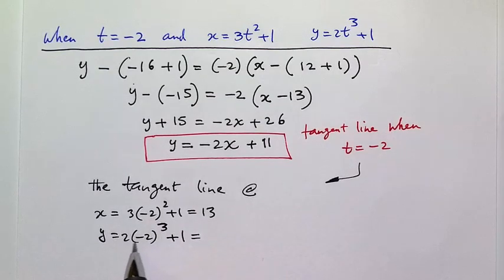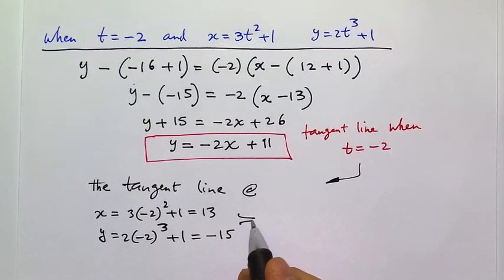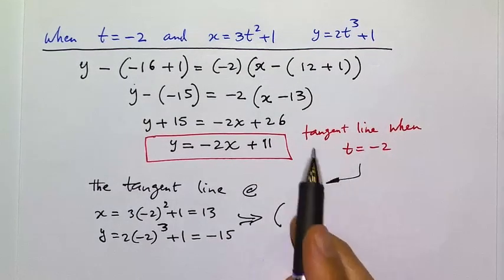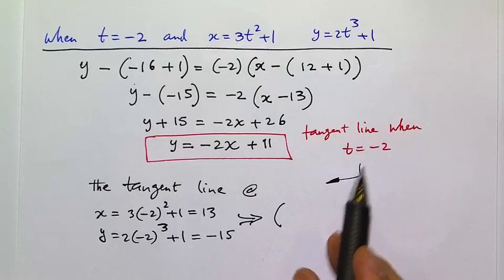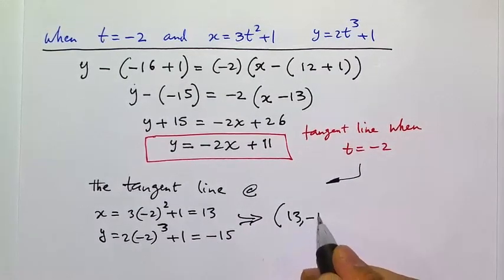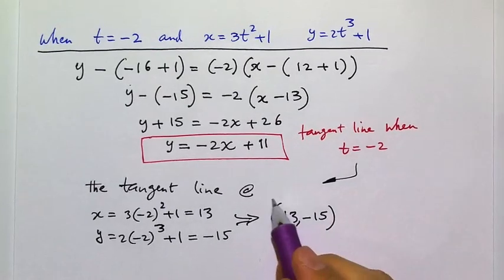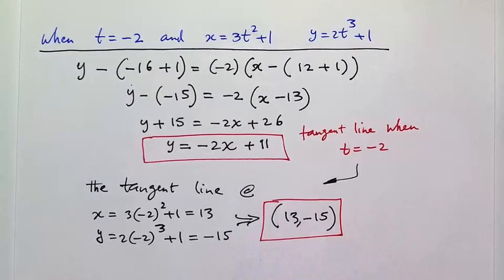So this is minus 8 times 2 is minus 16 plus 1, minus 15. So these two give the tangent line when t equals minus 2, at this x value and this y value.